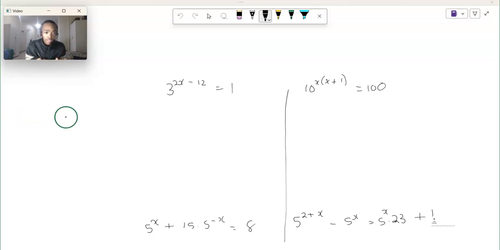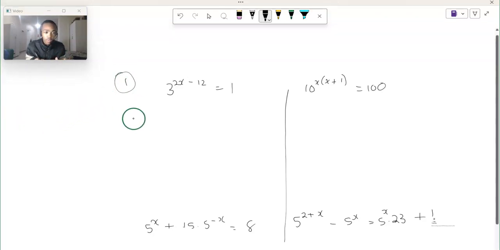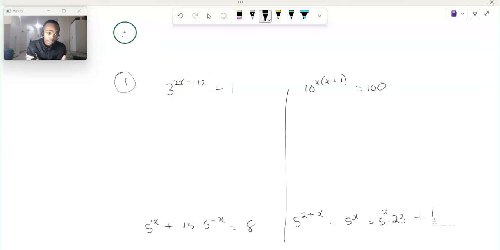So let's look at question one. You can see here you have 3 to the power 2x minus 12 is equal to 1. In order for us to solve these, take note: if a to the power n is equal to a to the power m, then n will be equal to m, because we want these two things to be equal.